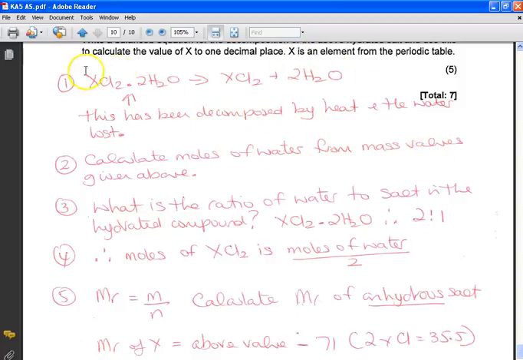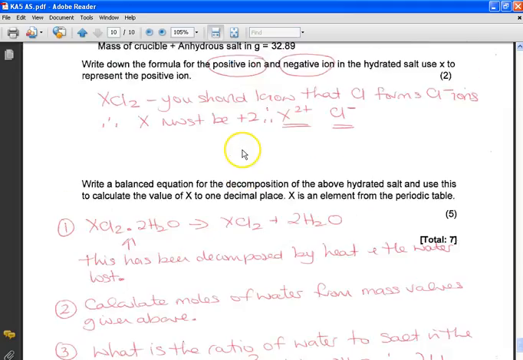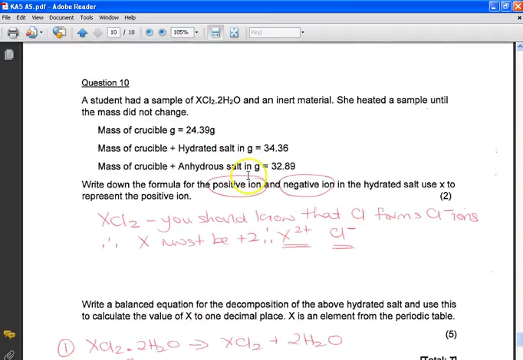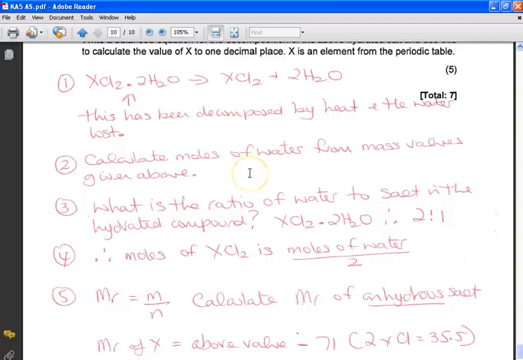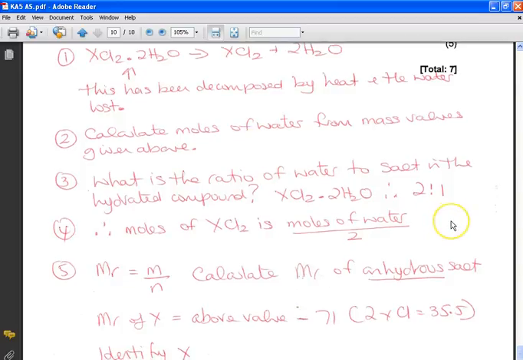Okay. So we're decomposing this compound here into water and the anhydrous bit of the salt. So once we know the mass of water, which we can work out from here, we can work out the moles of water. Okay.